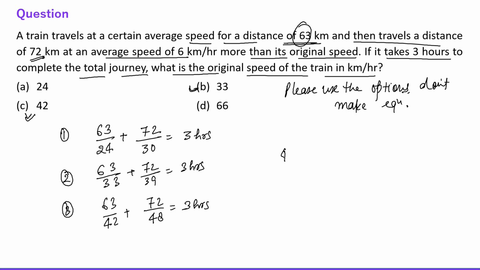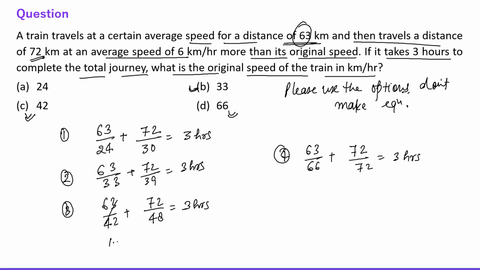And the fourth option is 66, right? So 63 divided by 66 plus 72 divided by 66 plus 6, so it is 72, and this is 3 hours. Right. So for the third option, what are we getting?